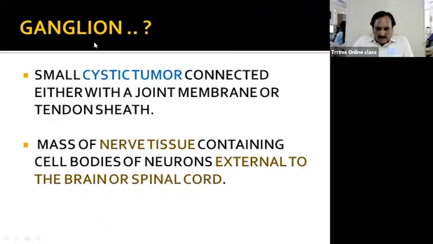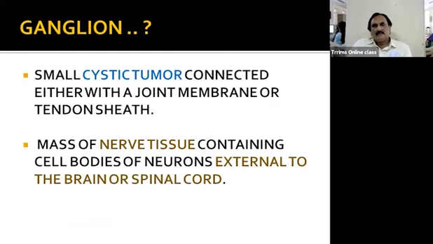Ganglion. So generally in the Viva, they will be asking about these things, and then you should not get confused here. The ganglion sometimes also refers to a small cystic tumor connected either with the joint membrane or tendon sheath. So sometimes when you go to the orthopedics subject and then you talk about the ganglion, that ganglion is different.